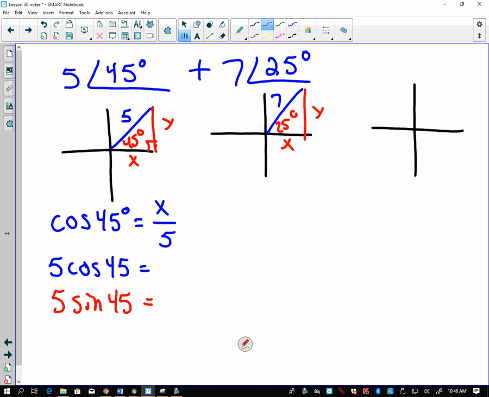Do you see what I'm saying? Okay, so for my first x, let's take it to 2 decimal places. So what's 5 cosine 45? Five cosine 45, you got 2.68?